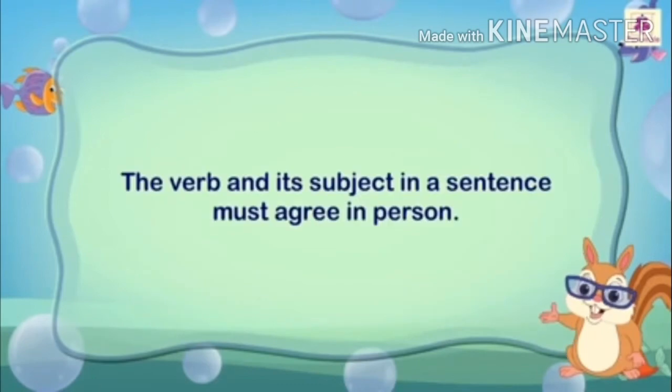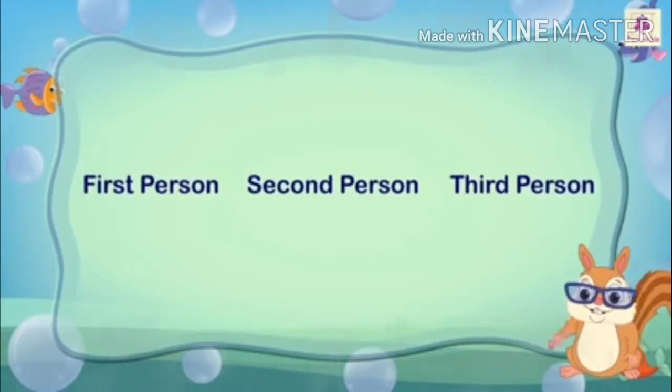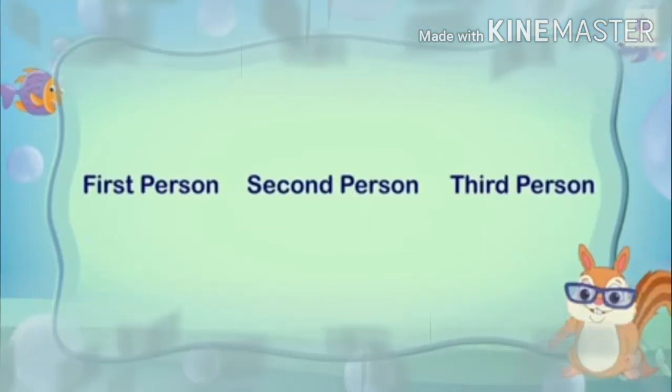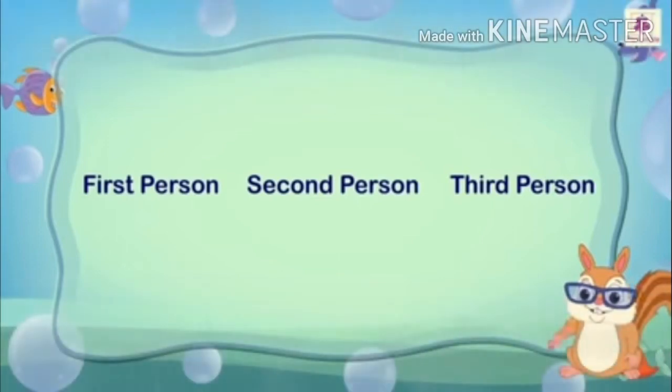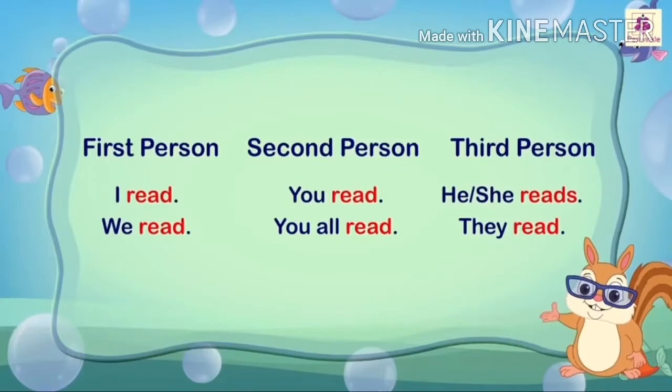Now next we have the verb and its subject in a sentence must agree in person. The three categories of persons are first person, second person and third person. Here you can see the three categories of persons. Observe the verb that agrees with each. I read, you read, he or she reads, we read, you all read, they read.